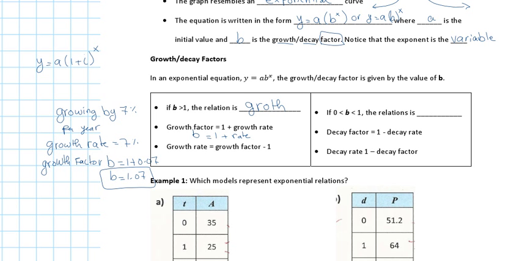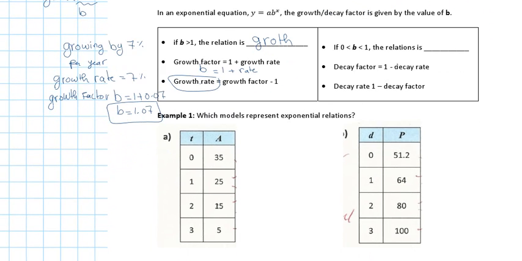So if you want to find the growth rate, if you want to find i, if you know what b is, so this here, that's your b, right? So b is 1 plus i. If I know that b is 1.07, if I know that my growth factor is 1.07, and I want to find my growth rate, I want to find i, what do I do?